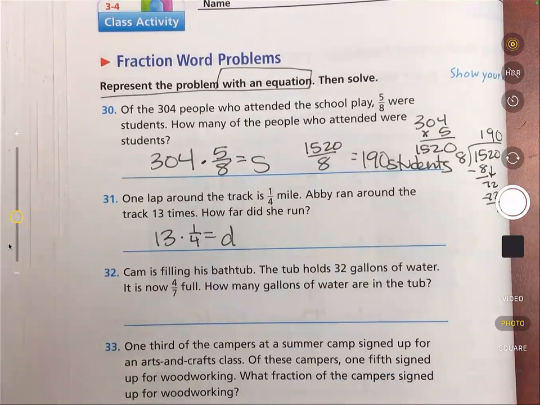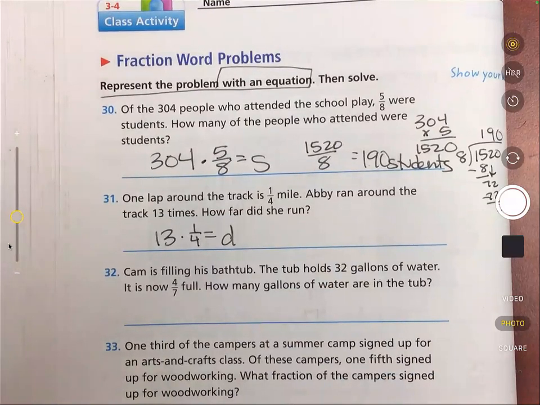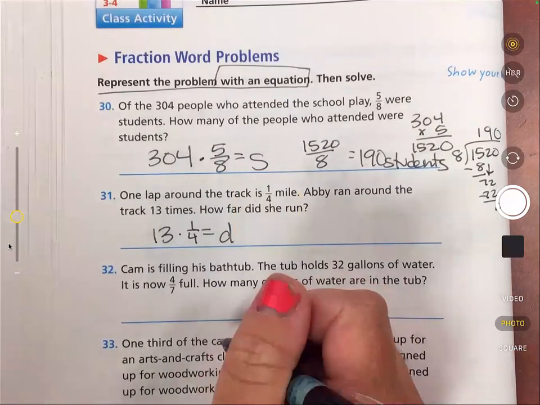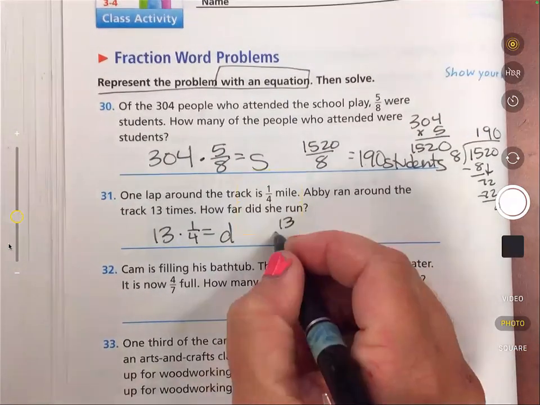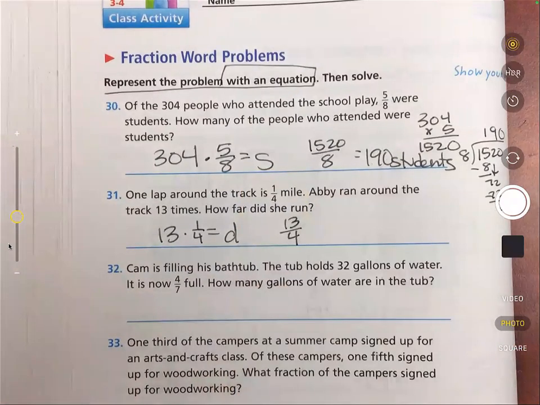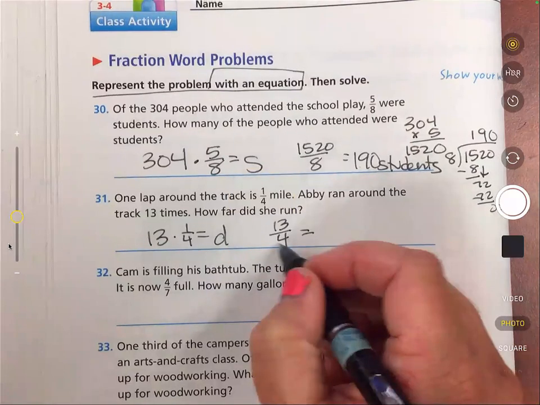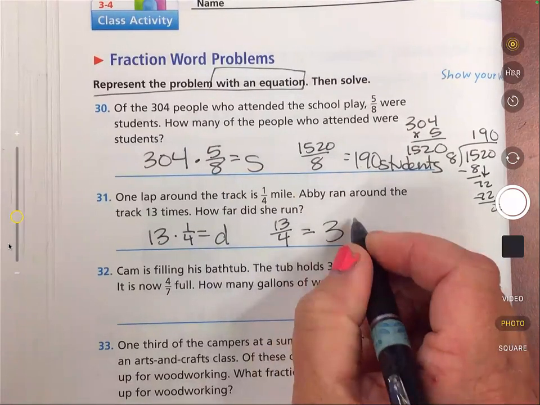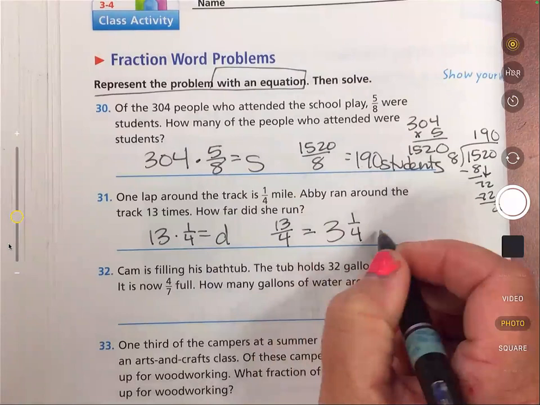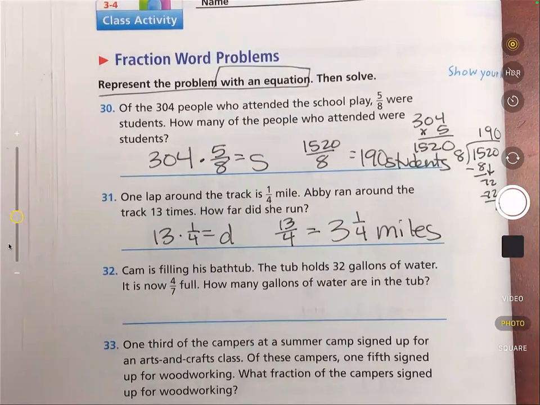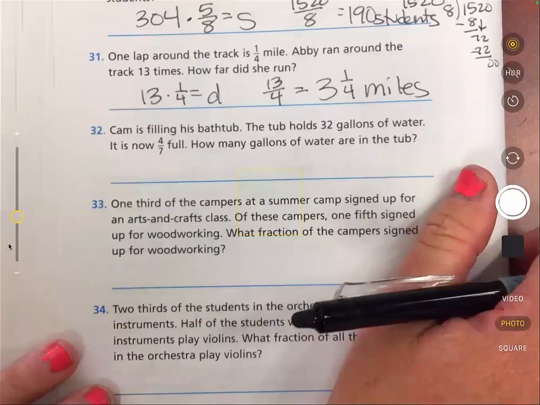How far did she run, my friends? 13/4. If I wanted to make that prettier, 4 goes into 13 3 times with 1 left over. 3 and 1/4 miles. Okay, look, we're just multiplying, right? That's all we're doing is multiplying.